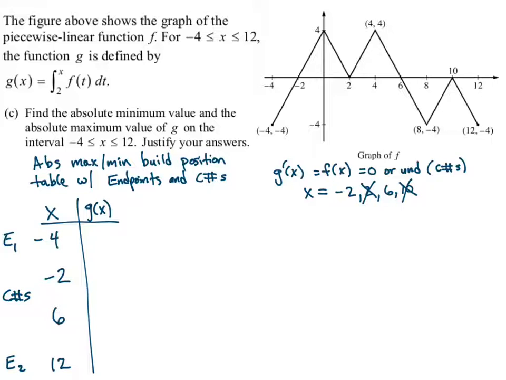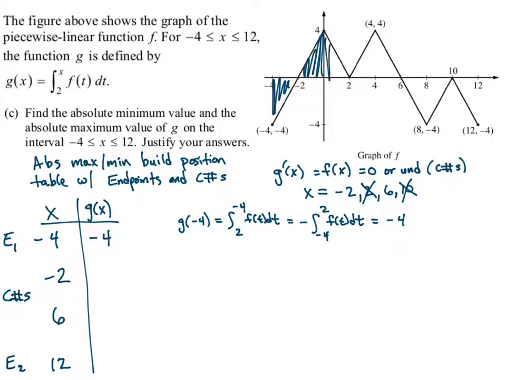So this does take a little bit of work, a little bit of geometry to figure out what these are going to be. But I'm going to plug in negative 4 first. So that'd be the integral from 2 to negative 4. The bounds are backwards, so I'm going to go ahead and switch the bounds and make it a negative, and then I have to figure out how that turns out to be negative 4. So if I go from negative 4 to 2, that essentially is this area and this area and this area.